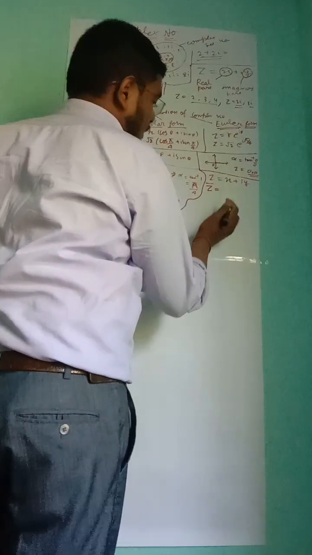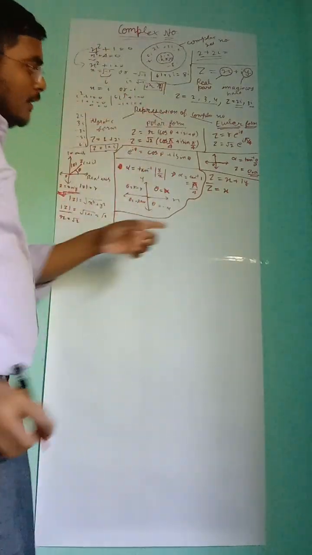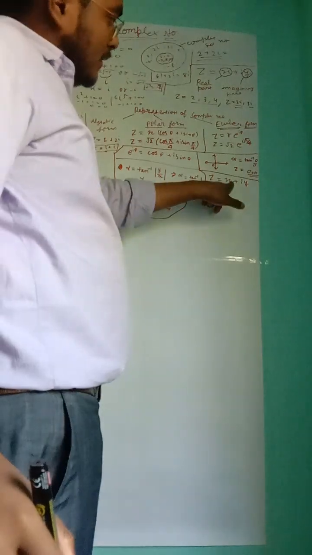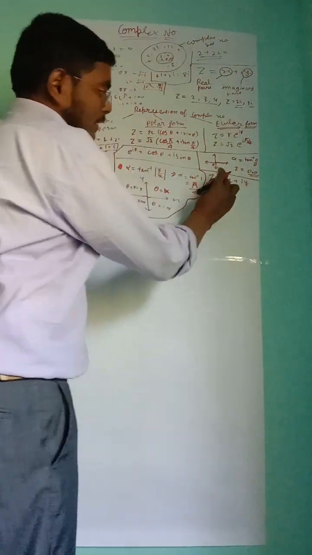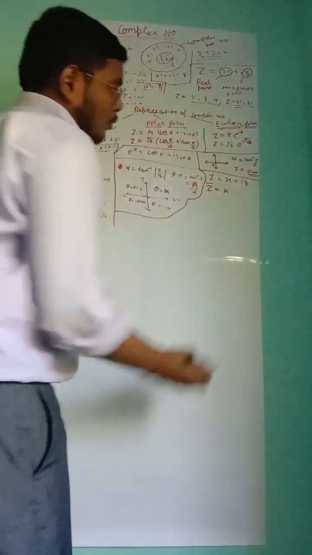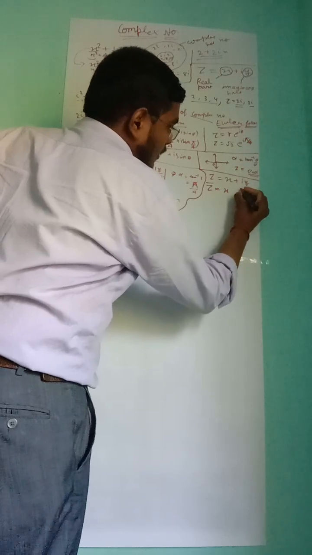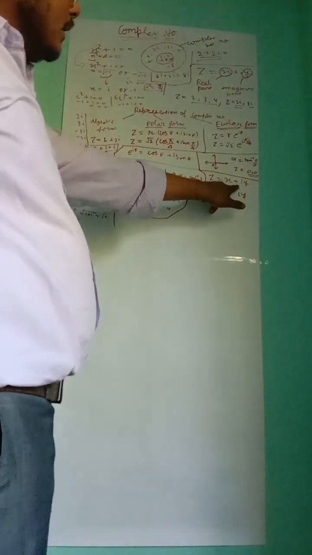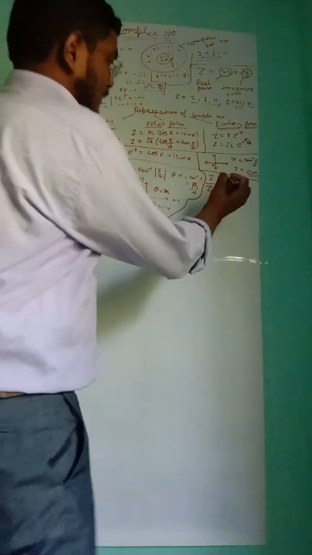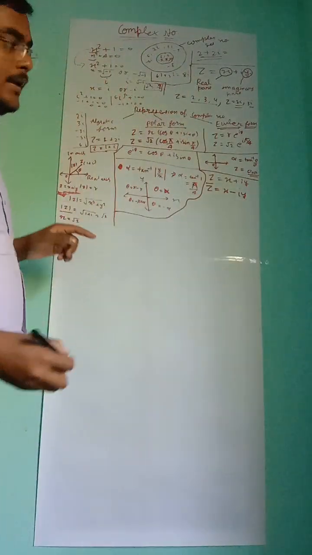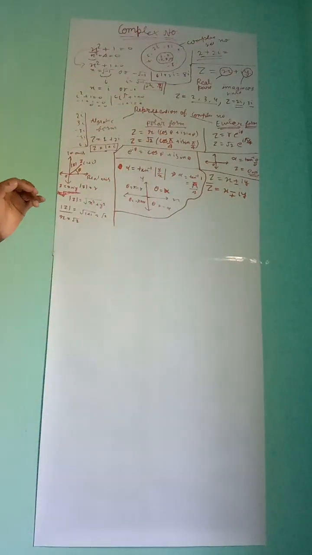It keeps x, the real part, the same, and y stays with iota, but if the sign is plus it becomes minus, and if it is minus it becomes plus.